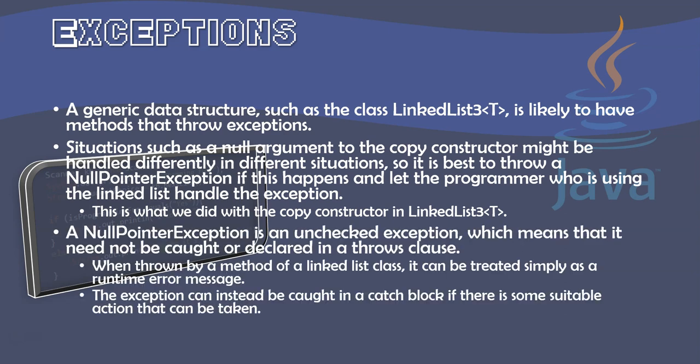Now, a null pointer exception is an unchecked exception, which means that it does not need to be caught or declared in the throws clause. Remember, unchecked means it's not going to be involved with the compiling of it. Now, when thrown by a method of a linked list class, that exception is simply treated as a runtime error message. That exception can then instead be caught in a catch block if there is some suitable action that can be taken for that exception.